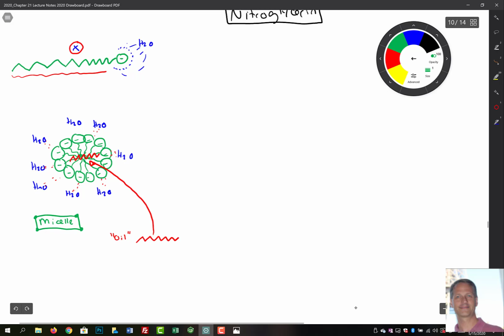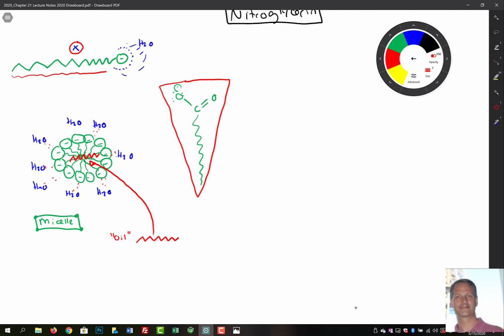So it turns out that what we have here is our carboxylic acid functional group, and then this chain like this, right? So overall, it kind of has a shape that looks like this, right? They're kind of like little pizza slices. Of course, this is exaggerated a little bit, but you can kind of get the idea.